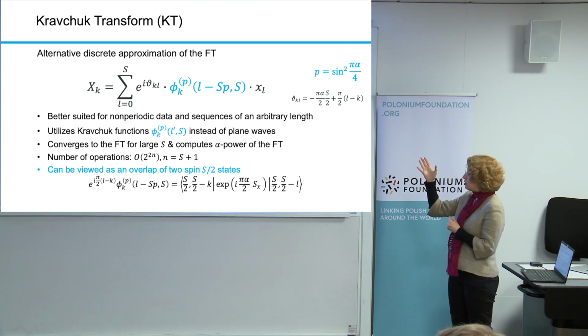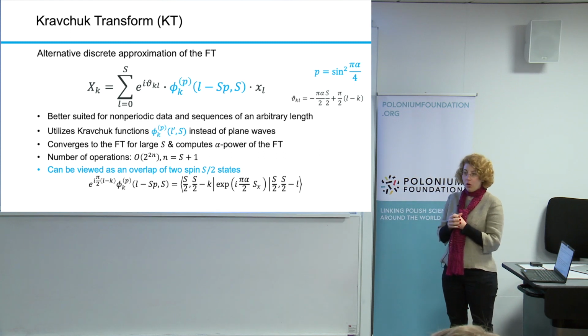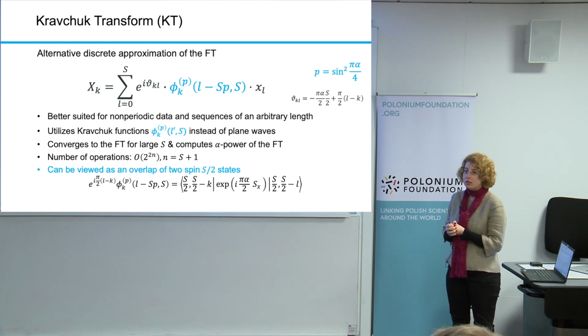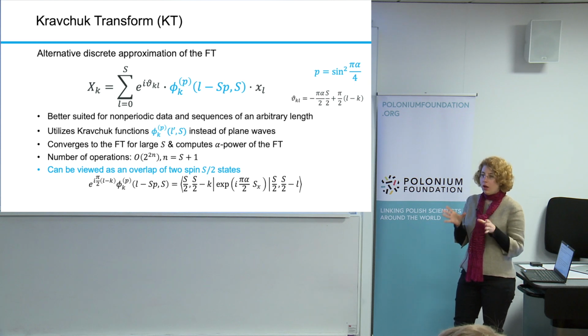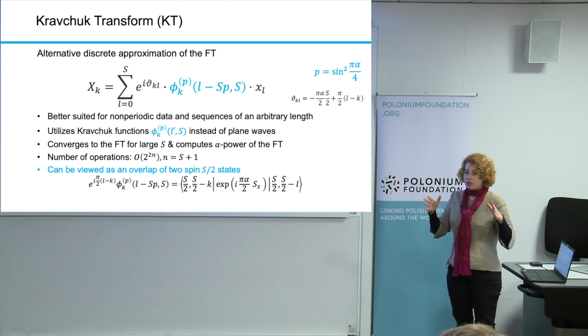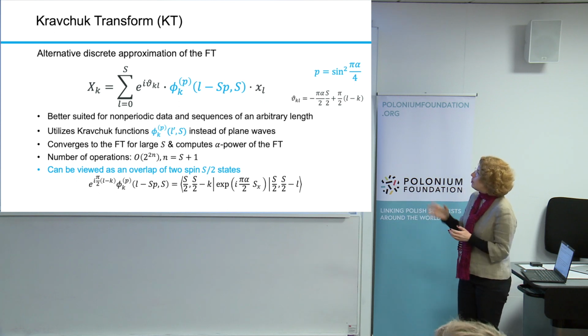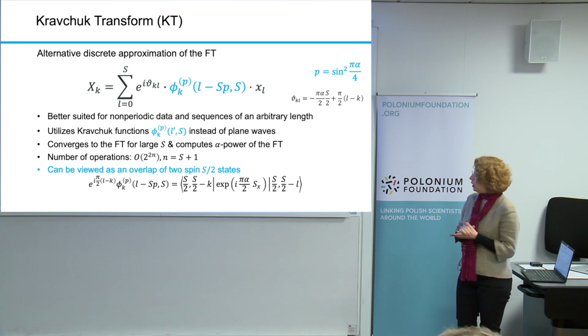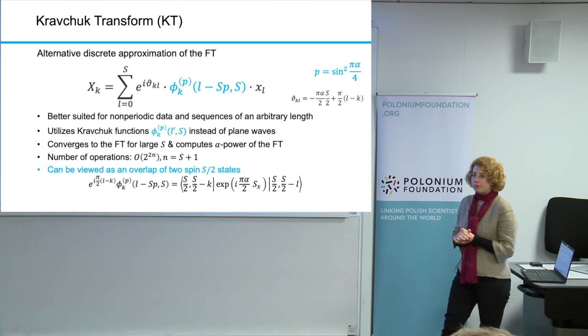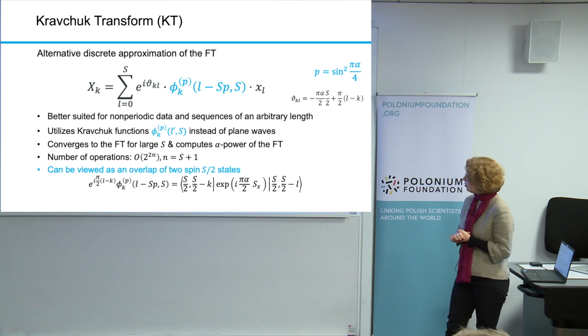This transform employs Kravchuk discrete polynomials, which exist only on a domain consisting of a finite number of points, for example 5, 6, whatever you define, but only there. There is no assumption that this is just one period of an infinite periodic function. This makes this sum really finite and allows us to process finite sequences of an arbitrary length.